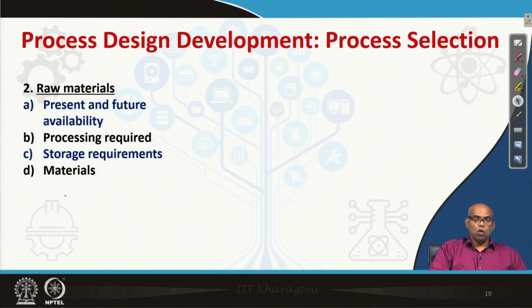You have to consider raw materials, present and future availability. So, you must select a process for which raw materials availability is ensured currently as well as in future. Processing of raw materials that is required will influence the process selection. Storage requirement for raw materials will influence process selection.